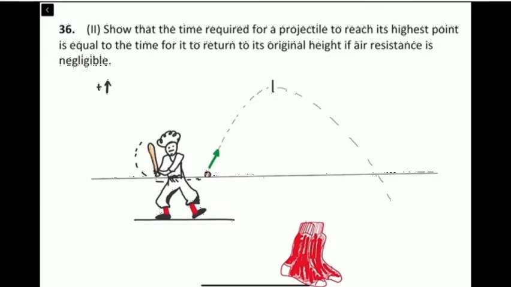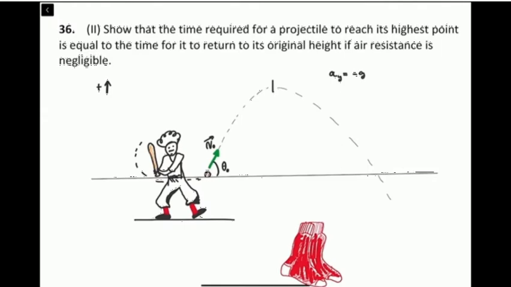So the initial velocity of the projectile is v naught. The launch angle is theta naught. Acceleration in the y direction equals g, but up is positive, g is acting down, so g is going to be negative in this case.